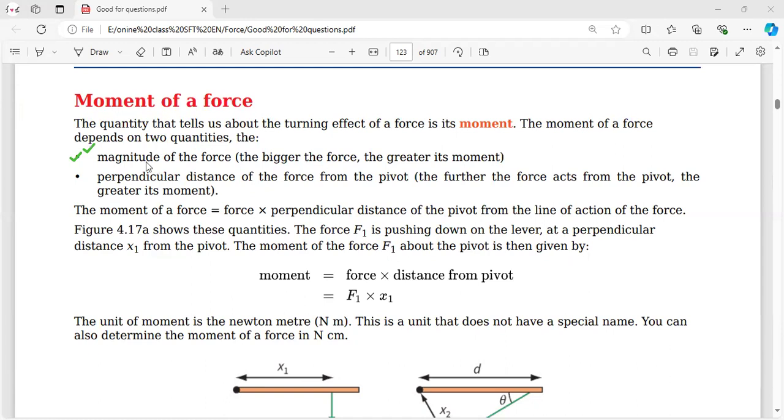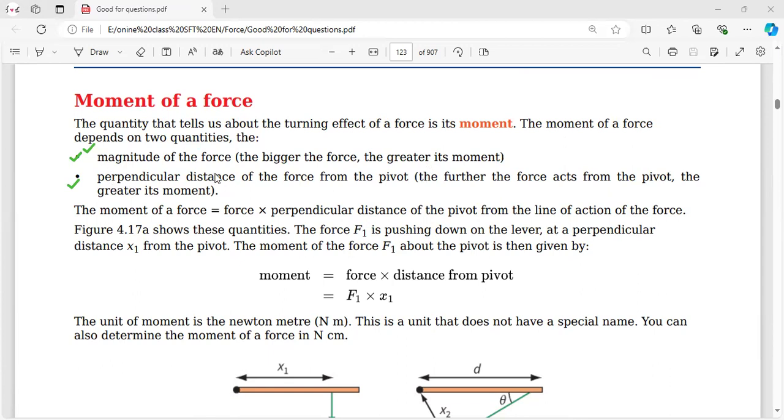What is the force value? It may be 1 Newton, 2 Newton, right? And you can say the bigger the force, it makes the greatest moment. And the second one is the perpendicular distance of the force from the pivot point.